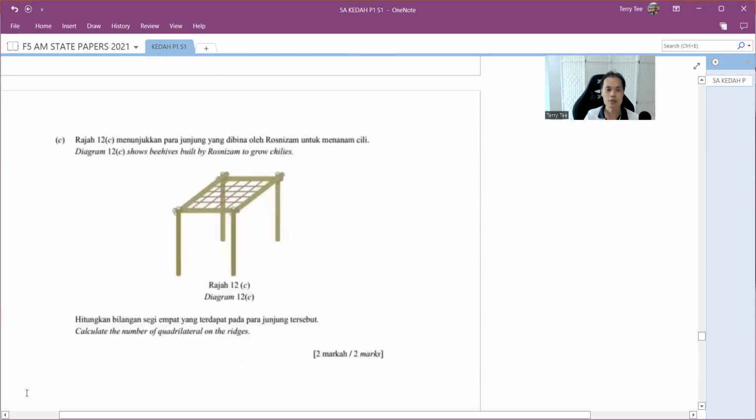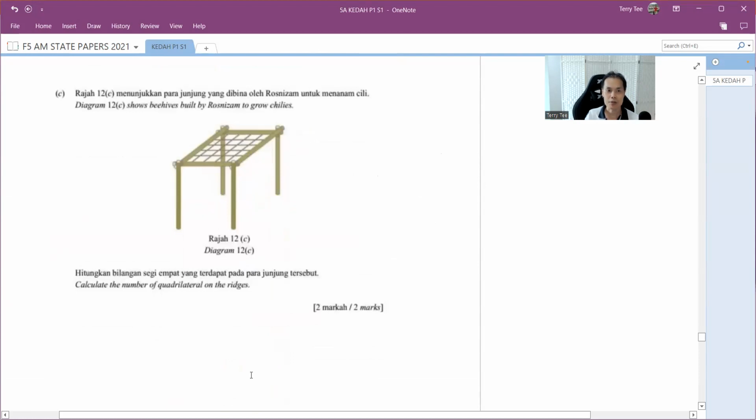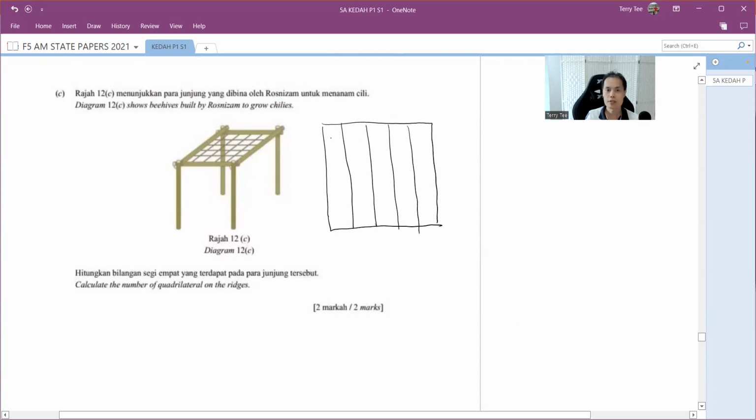Then the last one for permutation and combination. This is a very interesting question. The diagram shows a beehive built by Rose Nizam to grow chili. Calculate the number of quadrilaterals on the ridges. If you view from the top, what we see is a diagram like this, and you count 1, 2, 3, 4, 5. It's a square actually.